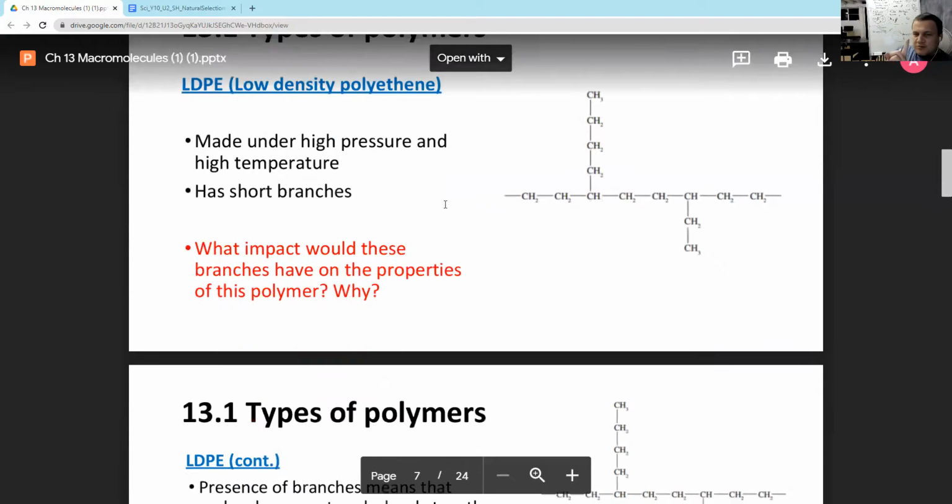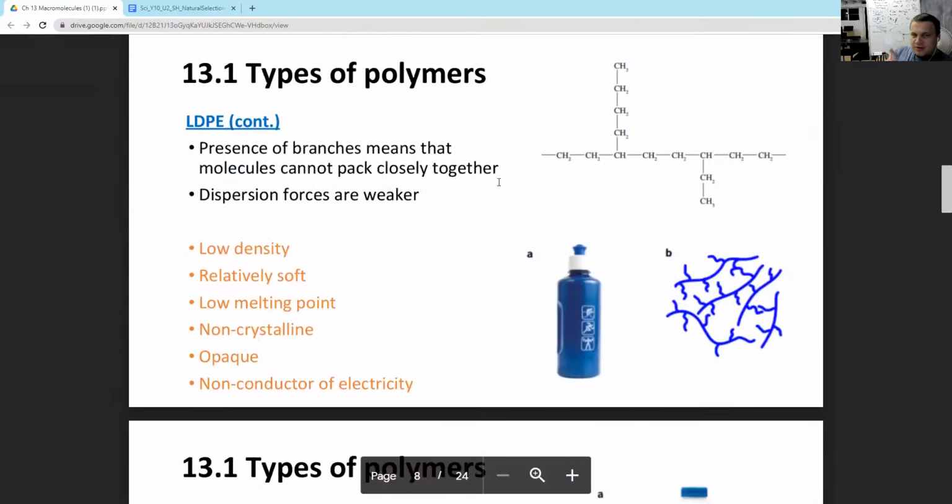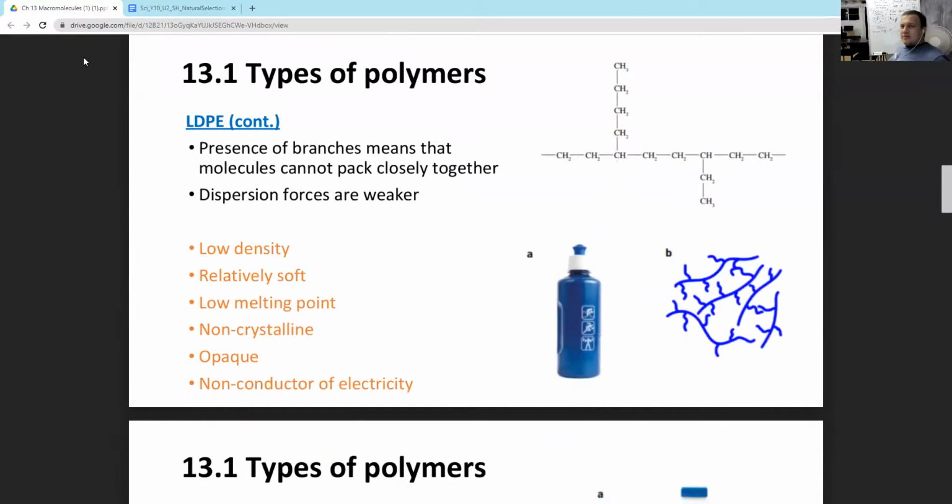So just remember this. Ross hit the nail on the head there. The presence of the branches means that the molecules can't pack tightly together, which means the dispersion forces are going to be considerably weaker. So low density, soft, low melting point, non-conductive electricity. Do you think that there's plastic out there that can conduct electricity?